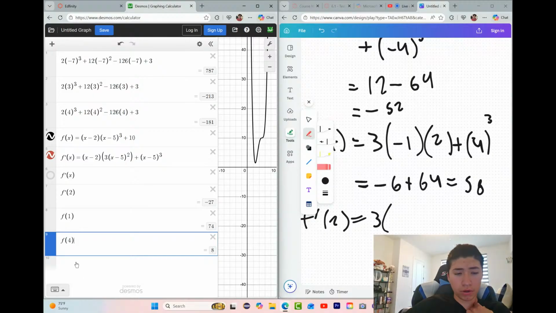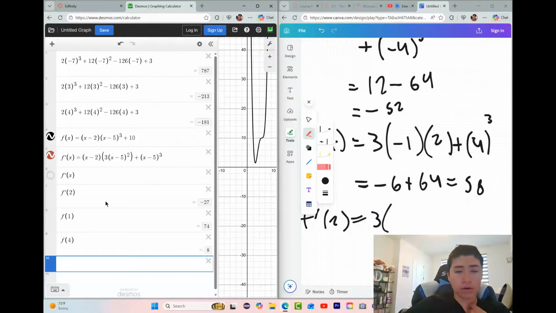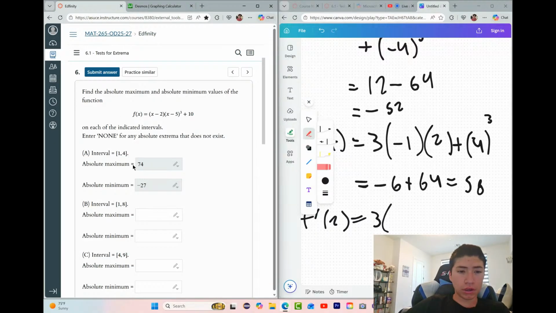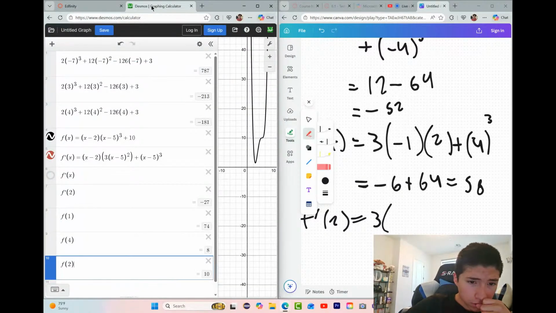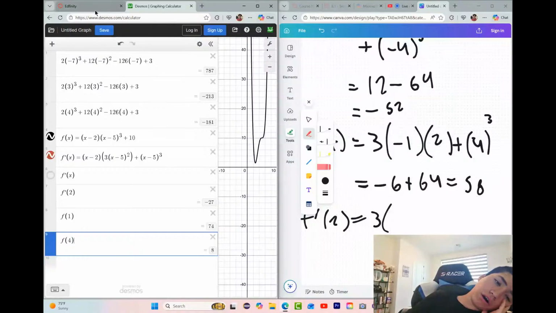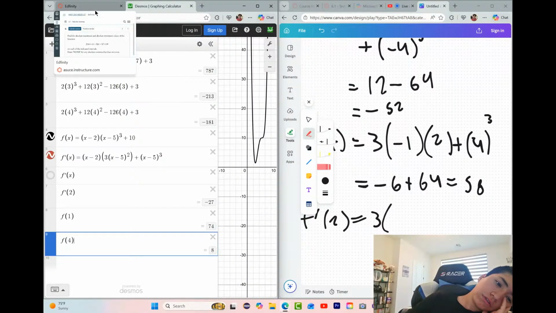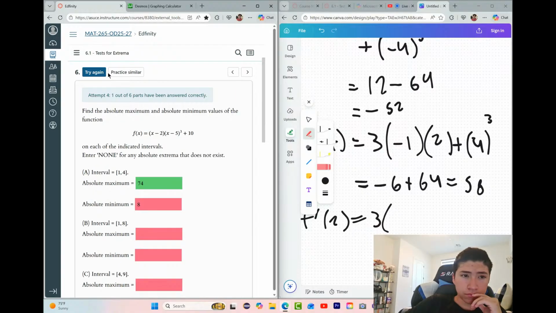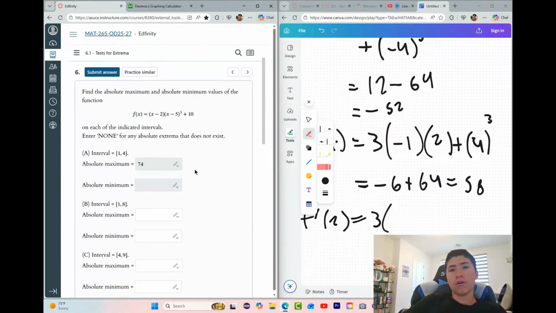Wait, no. Now we gotta do, you do F of 2 then? Yes, F of 2, 10. So this is 10. Oh, that's not 10? Oh, okay. Well, we need to find what. I mean, it's not 8, right? Yeah, it's not 8. Oh, wow.